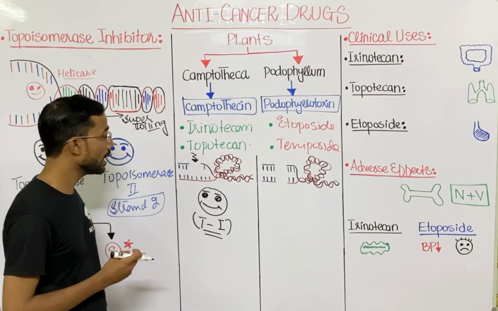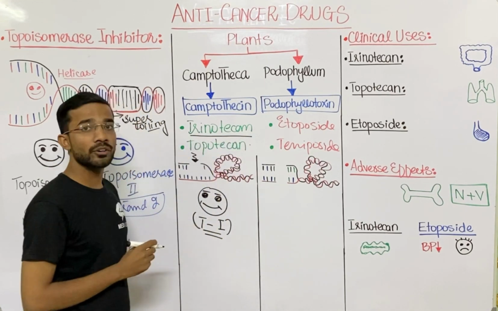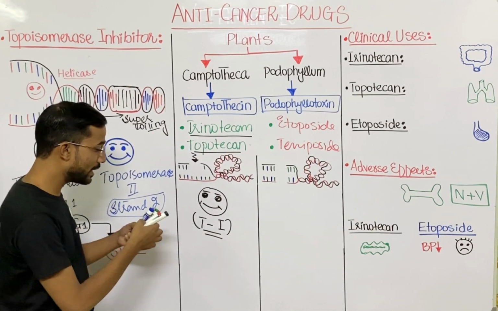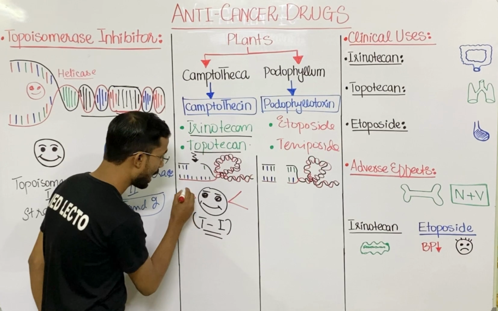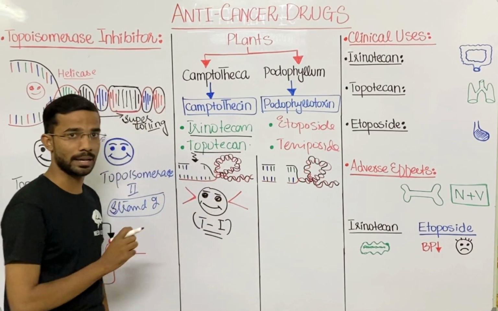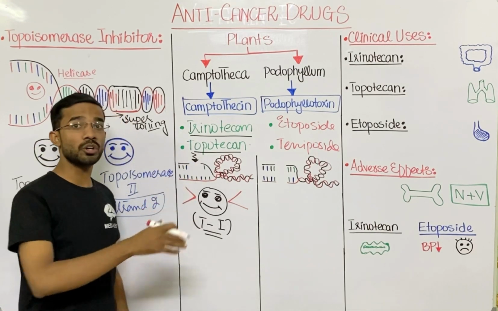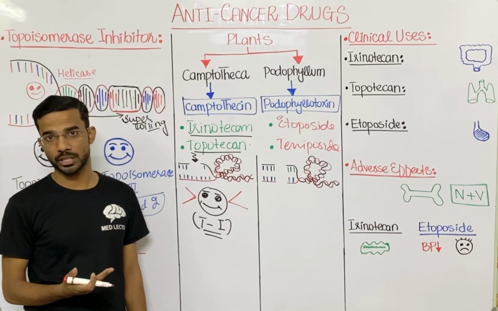Okay, but when we take these drugs, Irinotecan and Topotecan, what will happen? These drugs will act on topoisomerase 1 and inhibit this enzyme. Now what will happen? In that case, the torsional effect will be retained, and ultimately there is no replication of the DNA.